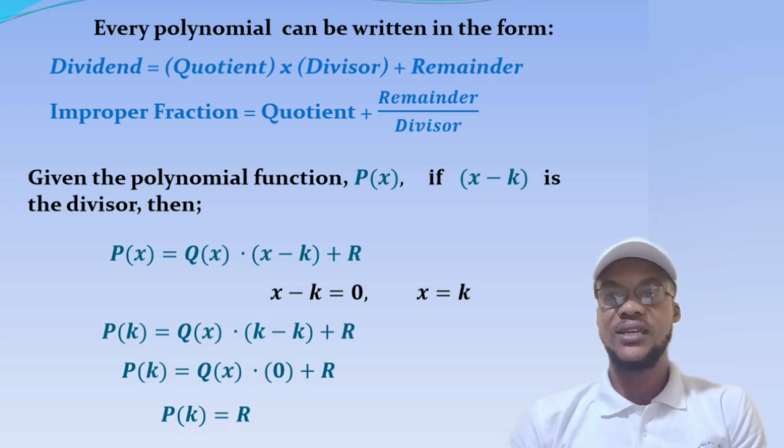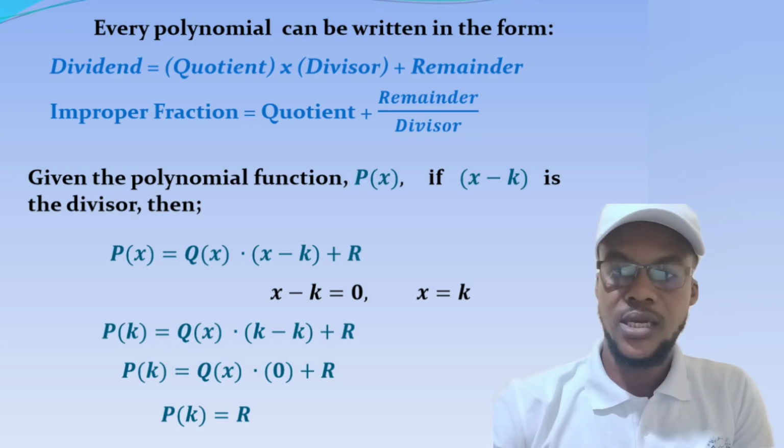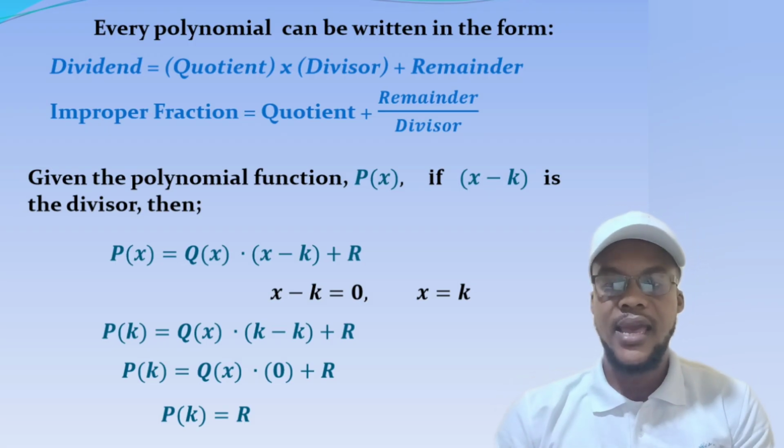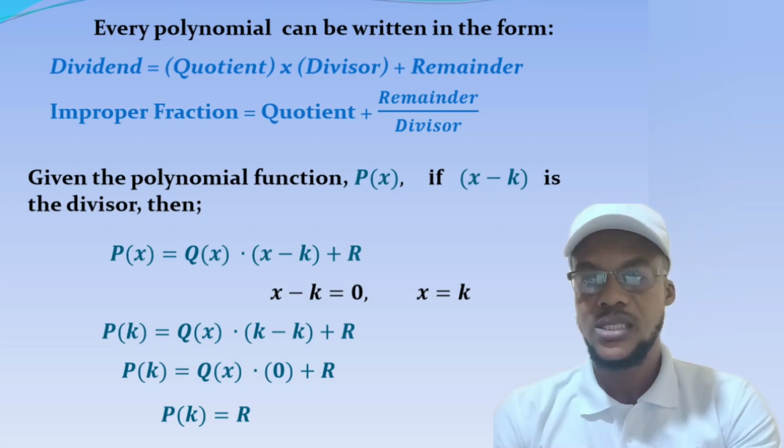This one is the fastest way we can use to find the remainder. We used the long division approach and the synthetic approach to find the remainder and the quotient, but this is the fastest way.